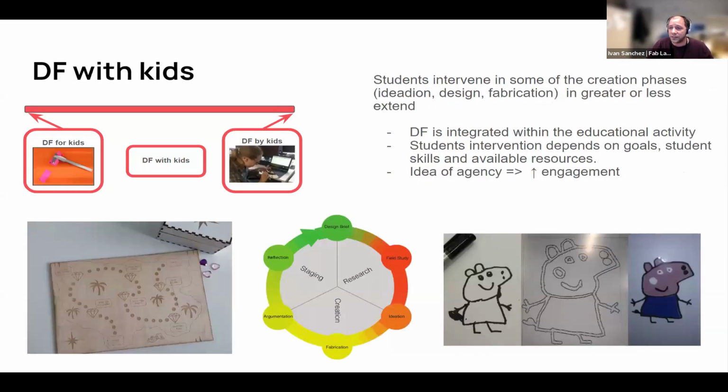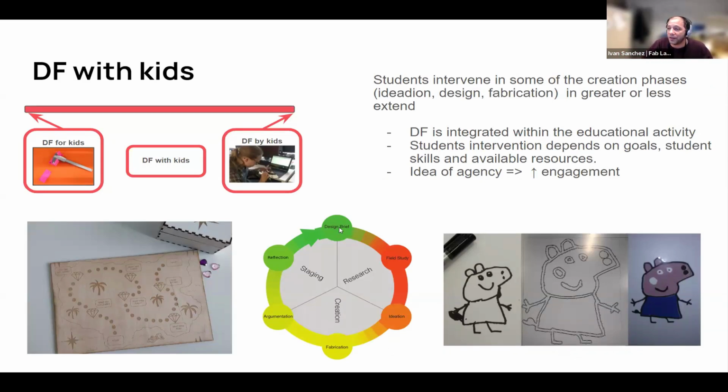Digital fabrication with kids, in this case, is the broader aspect of the continuum, and you can choose which are the parts in which the kids participate in this digital fabrication, for example, this design process model that I presented before. So which are the parts that the kids participate in?